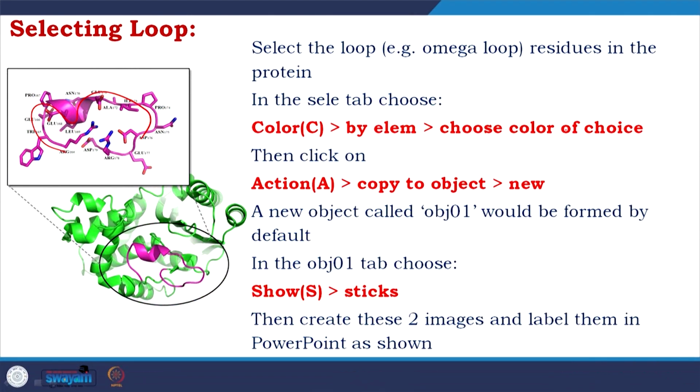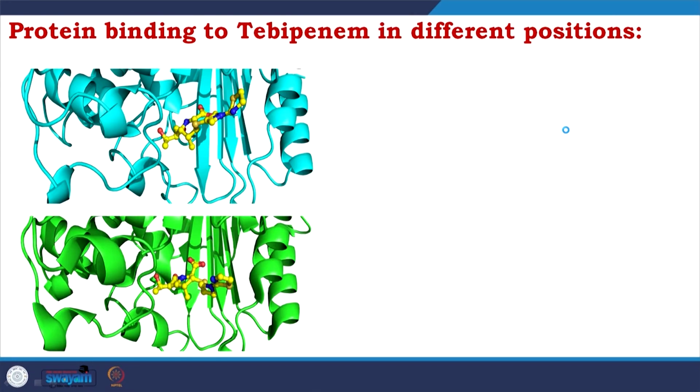Again I am switching. If you remember, I have shown you the differential binding of tebipenem in two structures. This is because in one there is a mutation, as I have shown you earlier. The mutation is lysine to alanine, and because of this mutation the lysine could not take the proton from the serine, so it could not react.